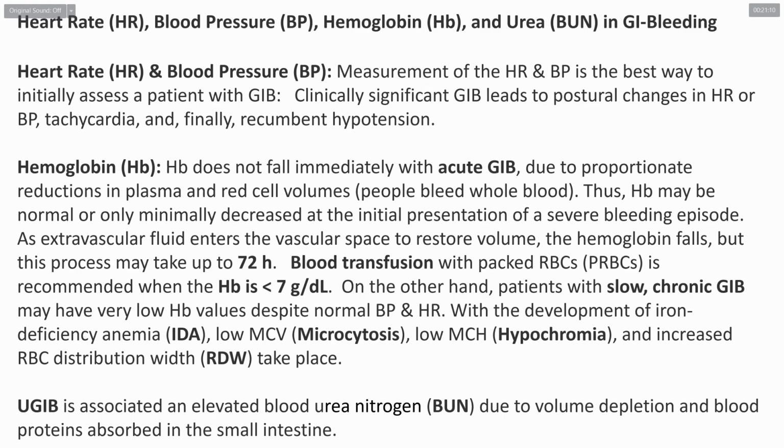It doesn't take place in lower GI bleeding, when I say lower, I mean colonic lower GI bleeding, which is the most common site. So that's why a raised urea guides you that you may be dealing with an upper GI bleeding rather than a lower GI bleeding.